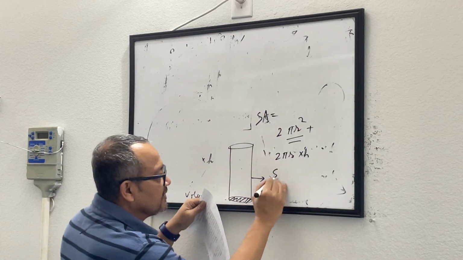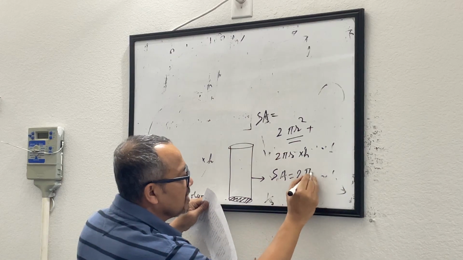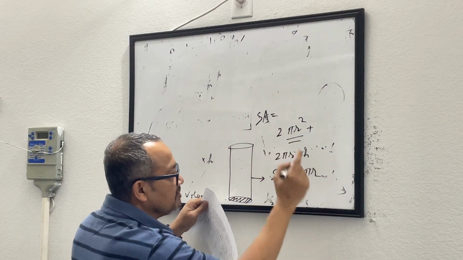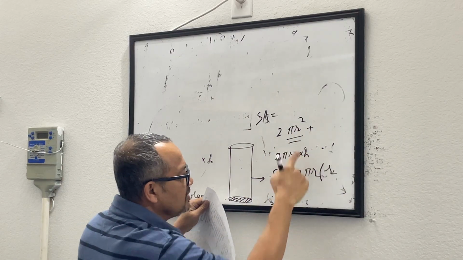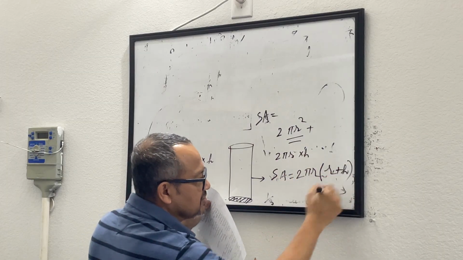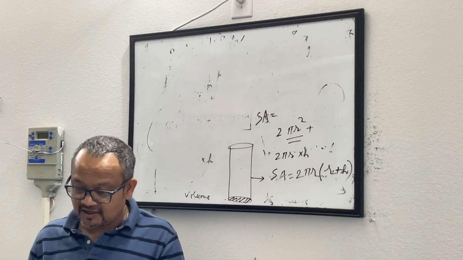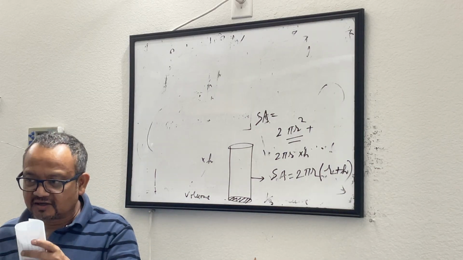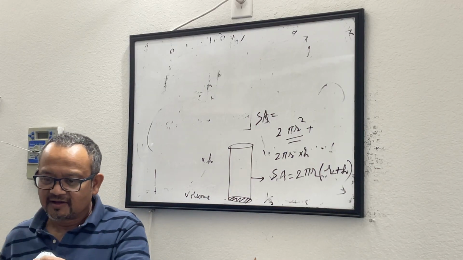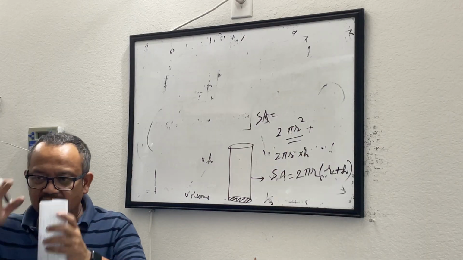So you will say surface area of a cylinder is 2 pi r is common, 2 pi r is common. So here you have an extra r, and here you have an extra h. That's it. So I'm not asking you to memorize it again. I'm saying be a little destructive to imagine this. This was a cylinder, this was one circle, this was one circle.